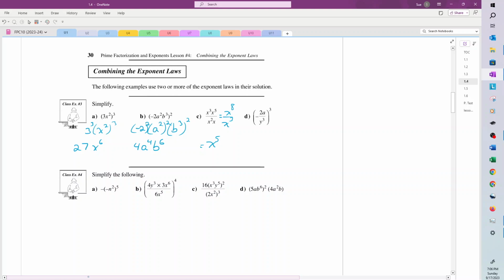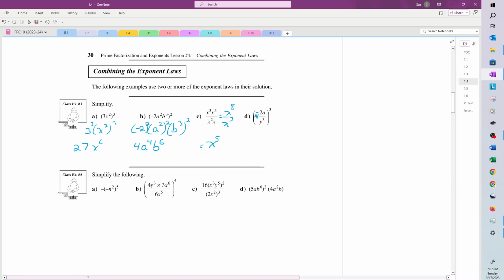Okay? And then this one, I'm going to float my negative up and put it with the 2. As you've heard me say, the only difference between those two representations is which software you're using to write it, where that negative lands.